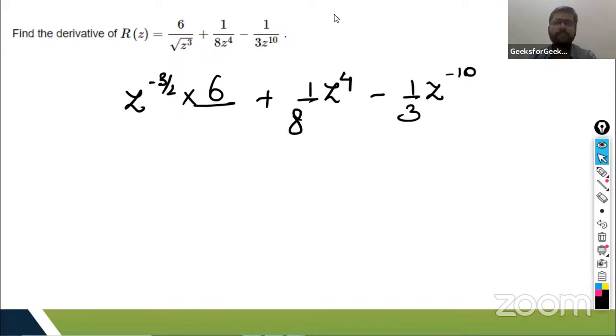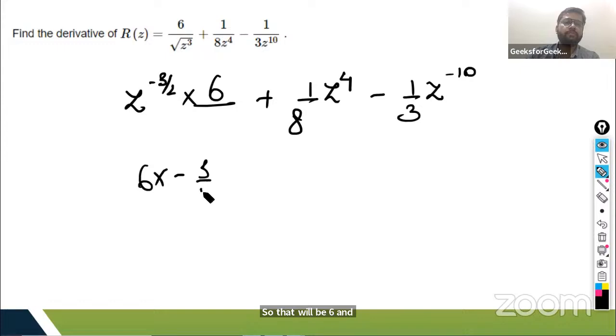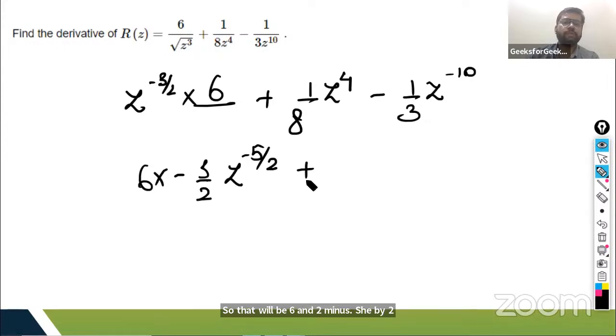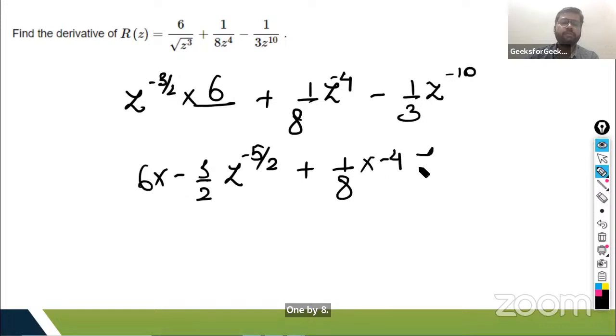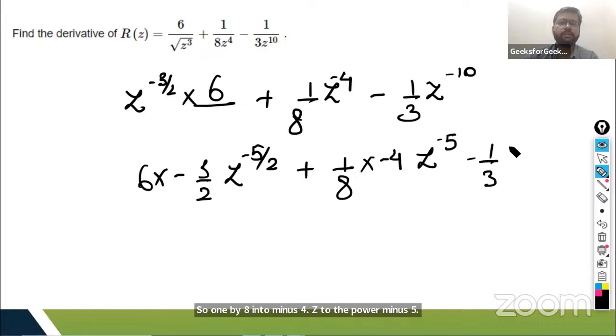I'm solving this one. Simply, that will be 6 into minus 3 by 2 z to the power minus 5 by 2, plus 1 by 8 into minus 4 z to the power minus 5, minus 1 by 3 into minus 10 z to the power minus 11.